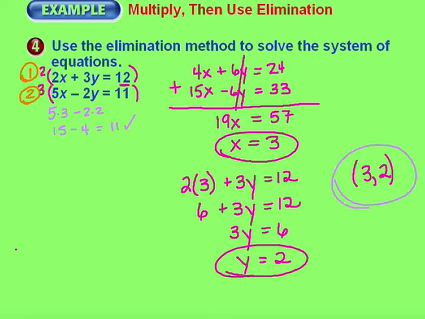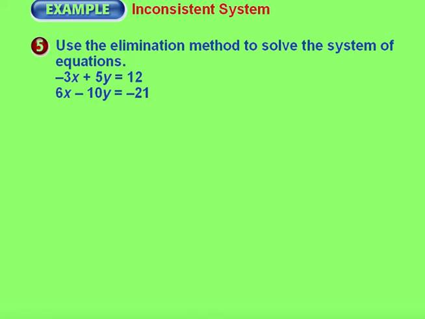All right, let's look at our last example using elimination. So this time I have two equations. The first one is negative 3x plus 5y equals 12. And the second one is 6x minus 10y equals negative 21. So you can see in both of them I have a positive and a negative, so I don't have to really worry about that.